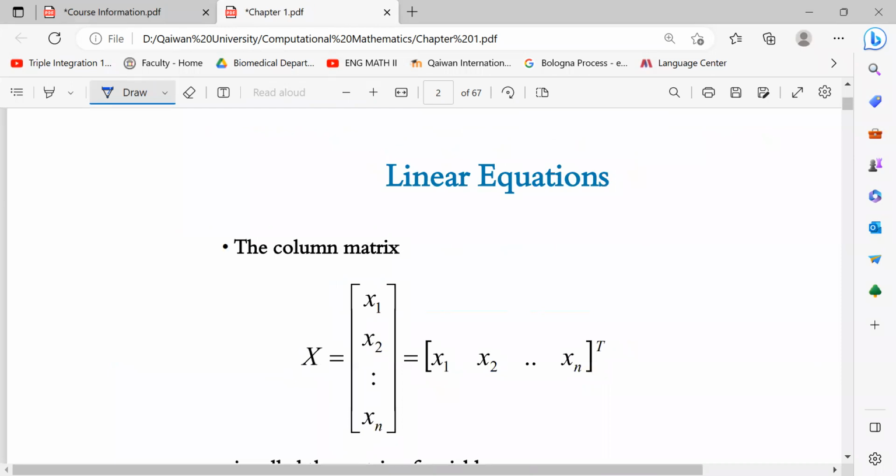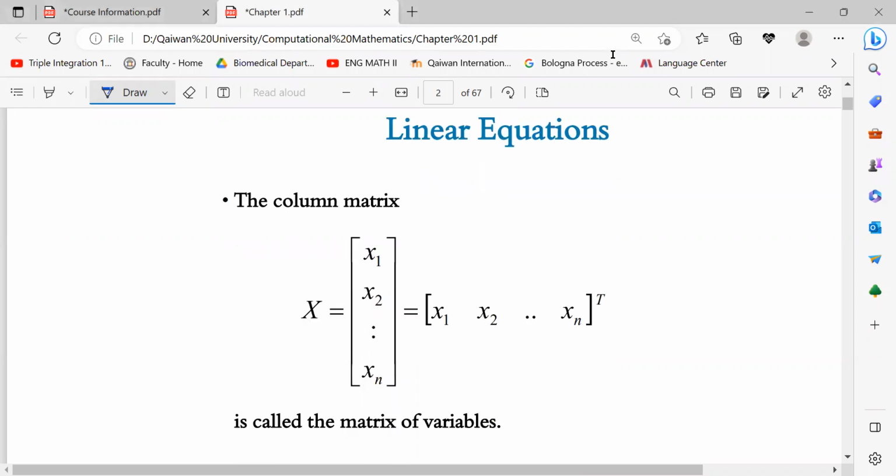Then we have linear equations. The variables of a linear equation could be written in a one-dimensional array. Matrices are arrays. Here, x is denoted as the set of all variables of the linear equation.